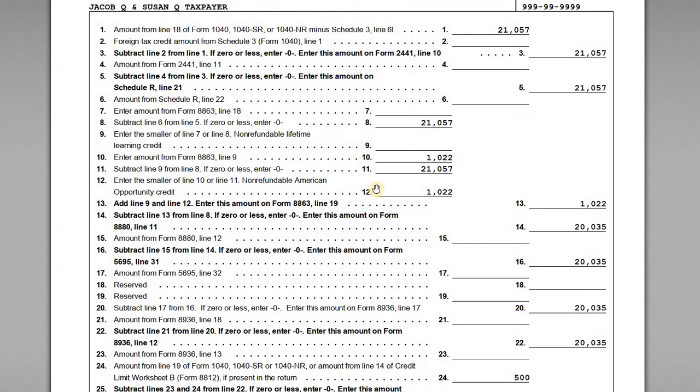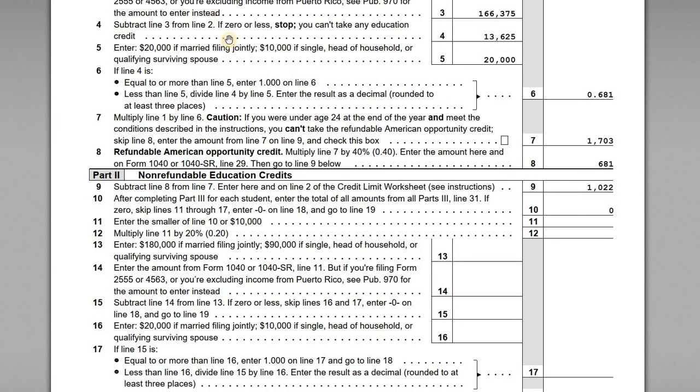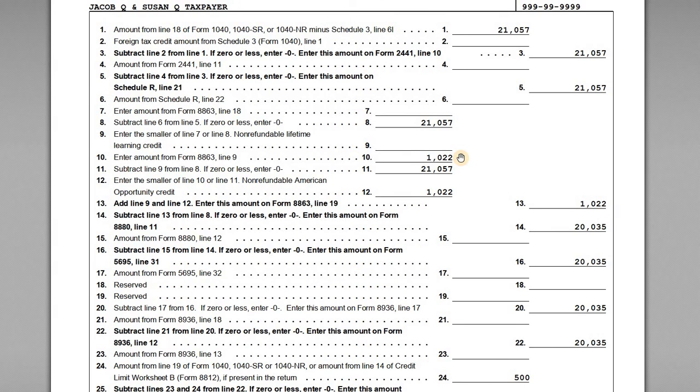And the non-refundable piece of the American Opportunity Credit is calculated within these line items here. So we have the amount from line 9, which is the $1,022 figure. So we've got $1,022 from the non-refundable American Opportunity Credit.